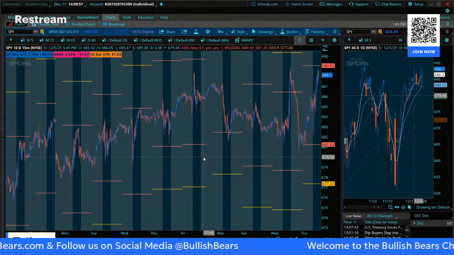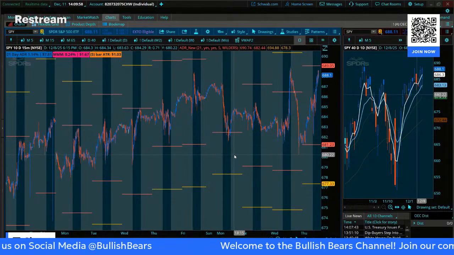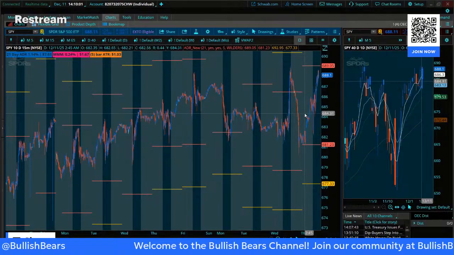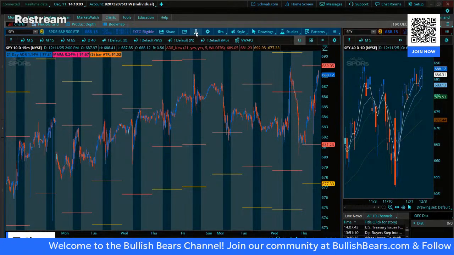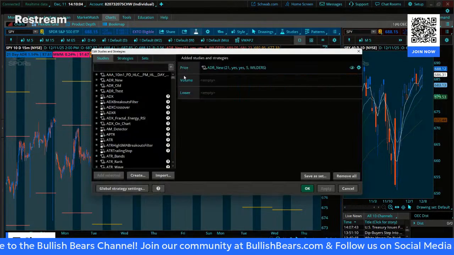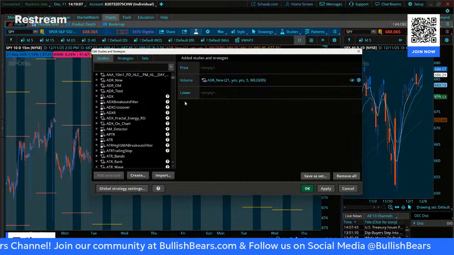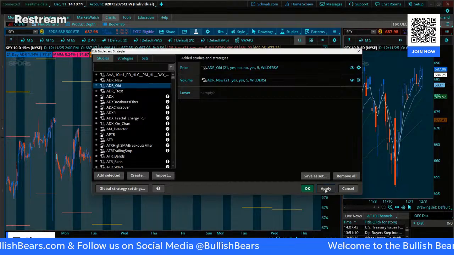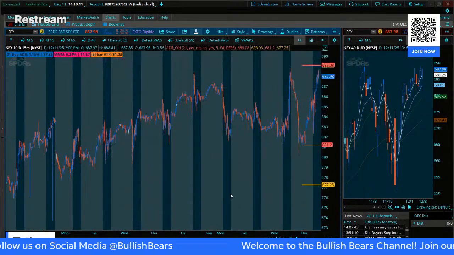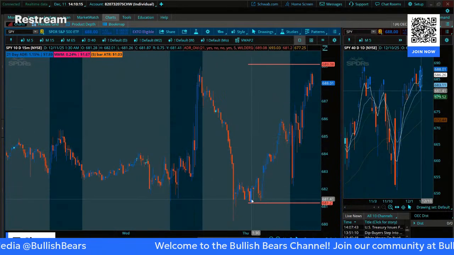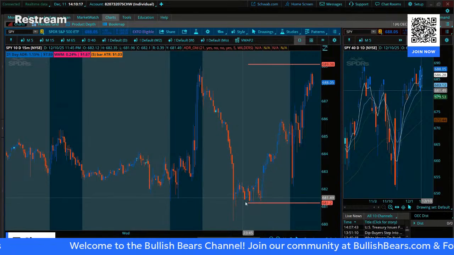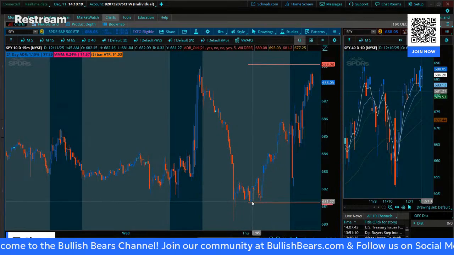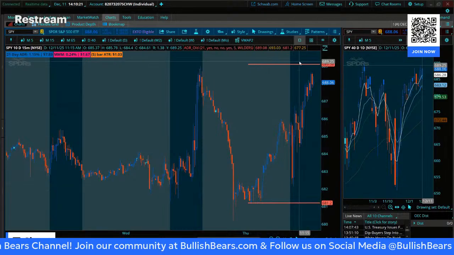I used this indicator for years where I only had today and I could not see in the past. That really sucked because I had a hard time explaining to people how valuable this thing was when you could only see it on a day-to-day basis, like how it interacted with the ADR last night. That held as support.